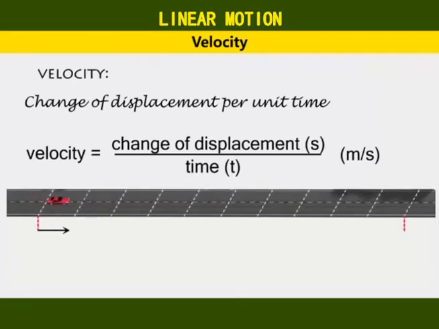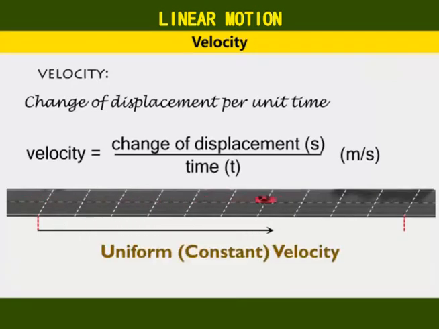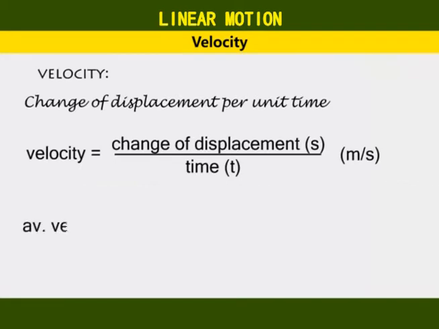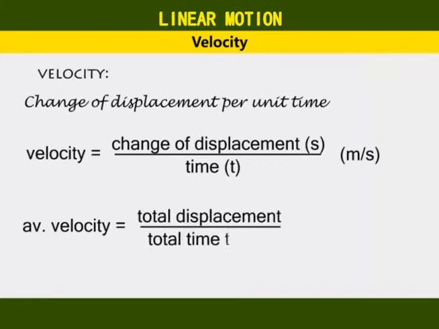If the displacement is the same at equal time intervals, the body is said to have uniform or constant velocity. But it is unlikely that a car maintains uniform velocity over a long period of time, so we talk about average velocity. Average velocity is equal to total displacement over total time taken.